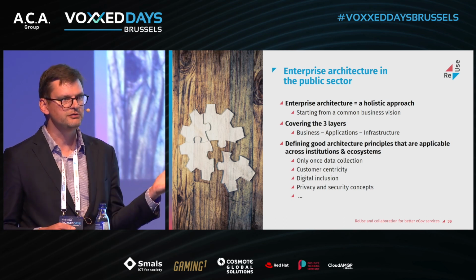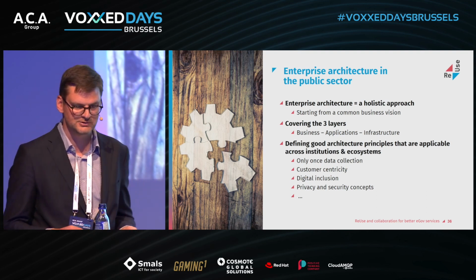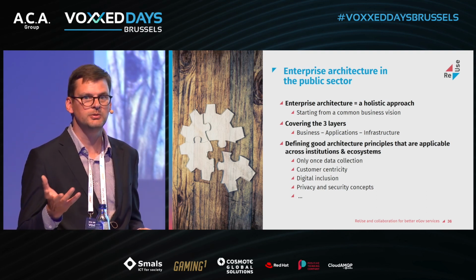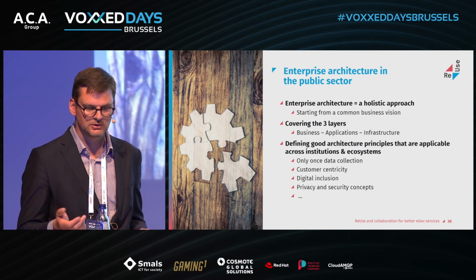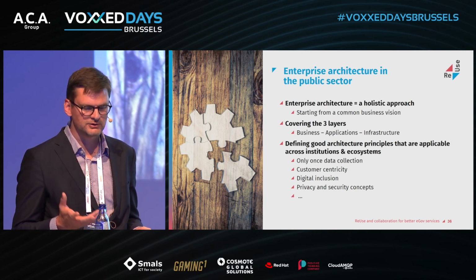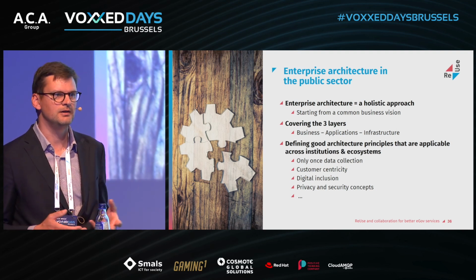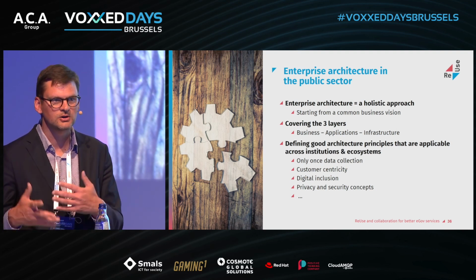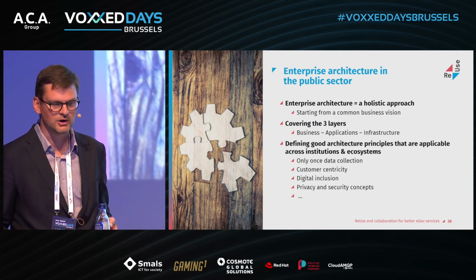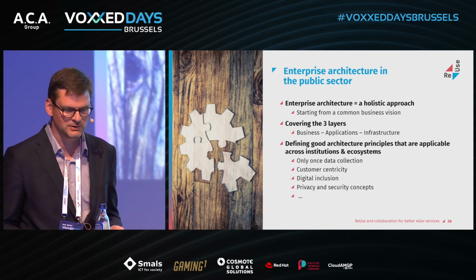And these are covering the different layers. So business layer, application layer, and infrastructure layer. And we also try to put forward some architecture principles. For example, only one data collection is one of them. So a citizen shouldn't provide the same data over and over to the government. It should be reused. That's one of the principles.